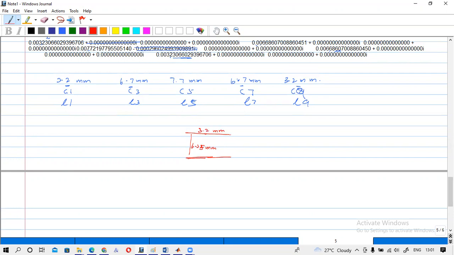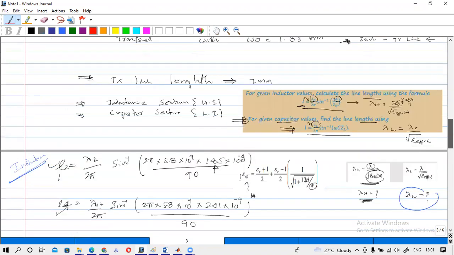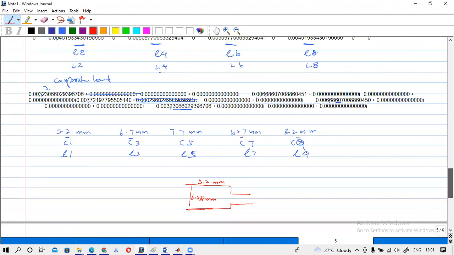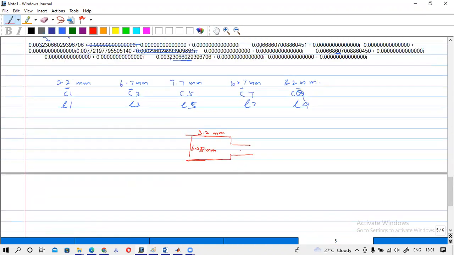Then the next one is the inductor, so it should be a high impedance value. That means the width should be very narrow. What is that width? It is 0.62 millimeter, very narrow.